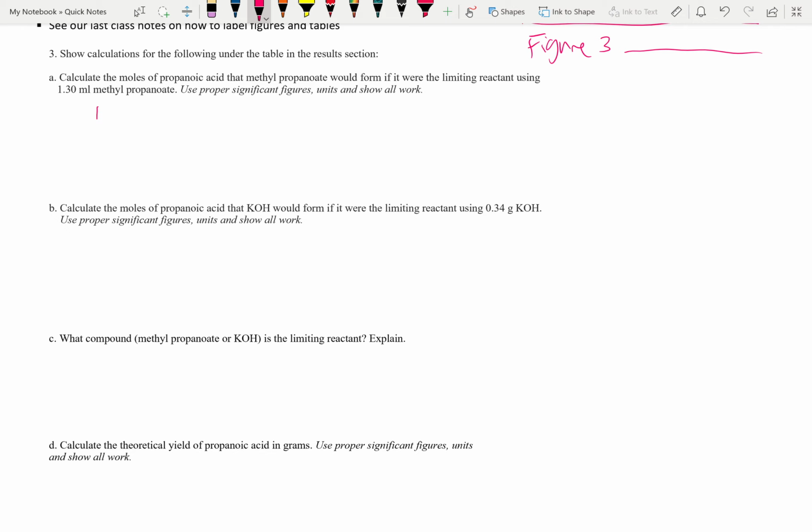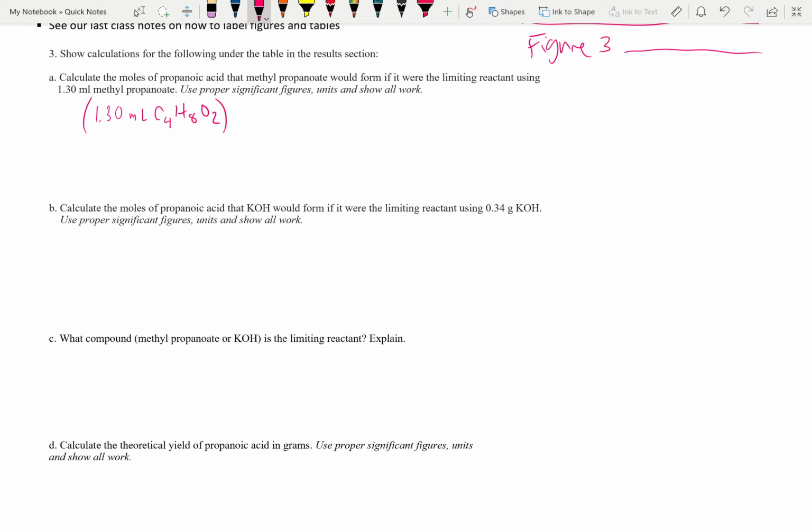So we have 1.30 milliliters of methylpropionate, which is C4H8O2.